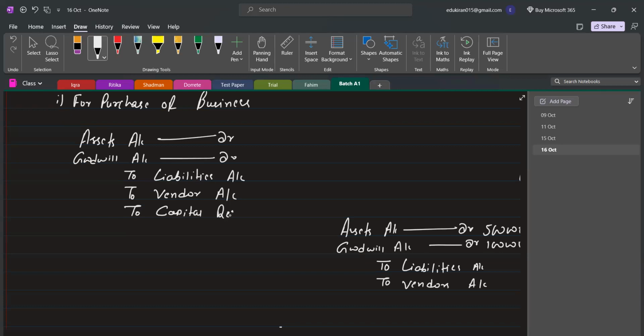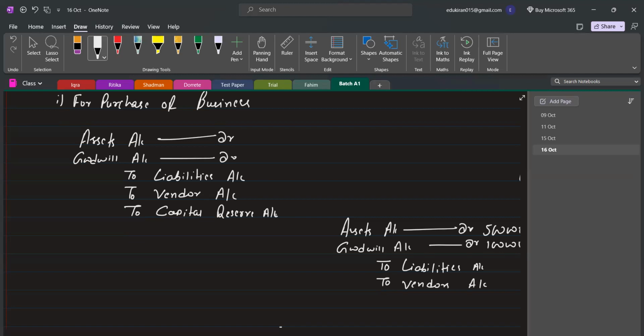Now, why have we written capital reserve on the credit side? Same as goodwill, if we are paying a higher price, then it is goodwill. But sometimes we can also pay a lower price. The net asset is 3 lakh, but we have told the company that we'll pay only 2,50,000. In that case, this is profit for the buyer.